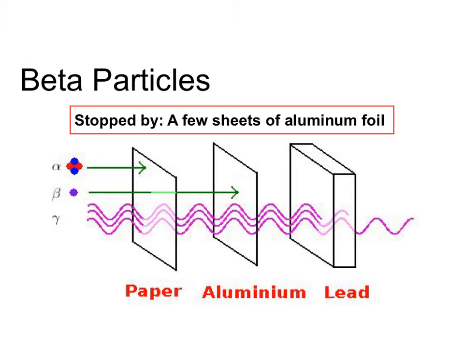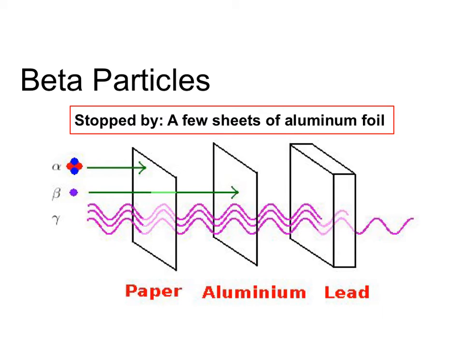Our second type of radiation is going to be our beta particles. So beta is going to be this bee that has a tail on it. And what we're going to see when you compare the alpha particle down to the beta particle is it's smaller. Because it's smaller, it tends to move faster. So because of that, it goes right through the sheet of paper.